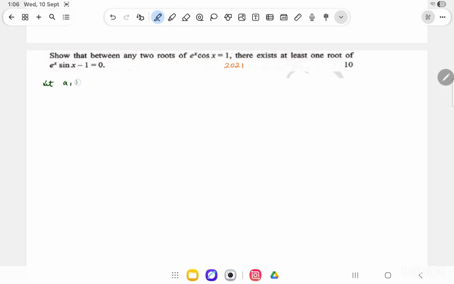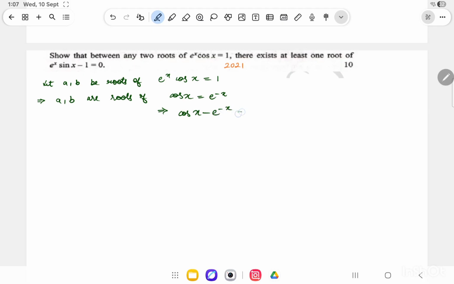Let a, b be roots of e raised to x cos x equals 1. From here I can say that a, b are roots of cos x equals e raised to minus x, or I can write this function as cos x minus e raised to minus x equals 0.